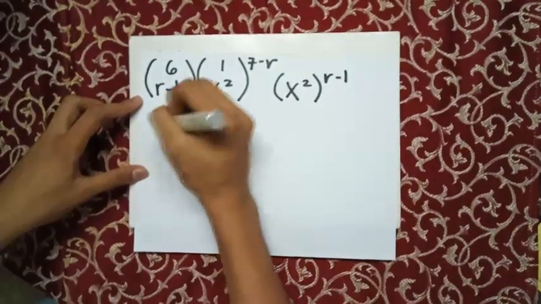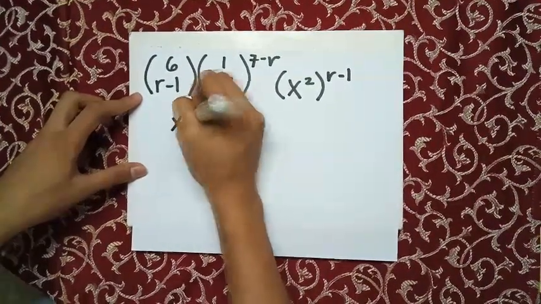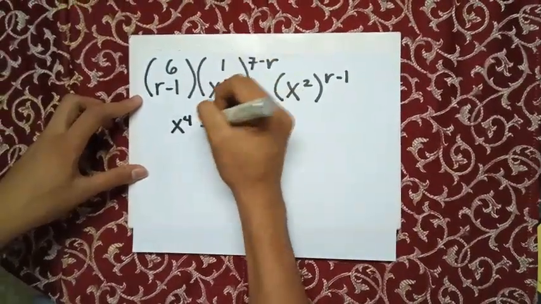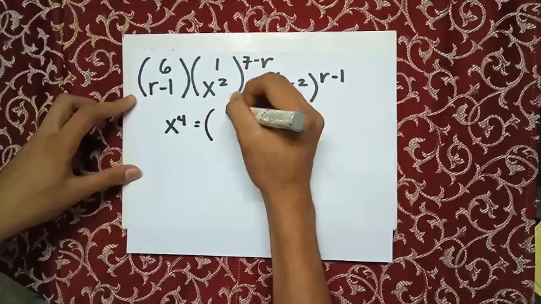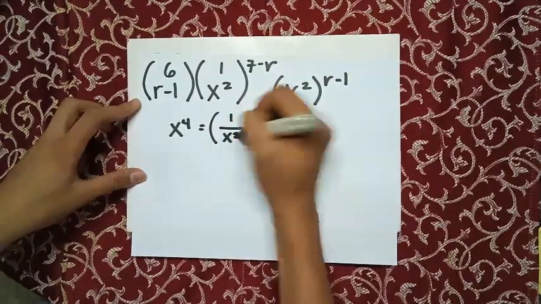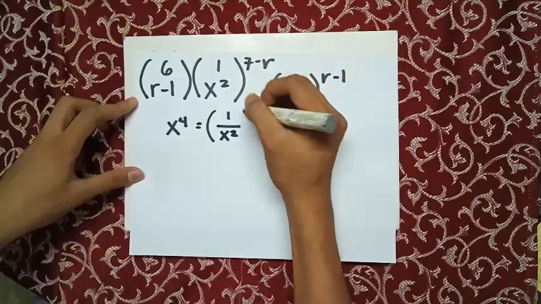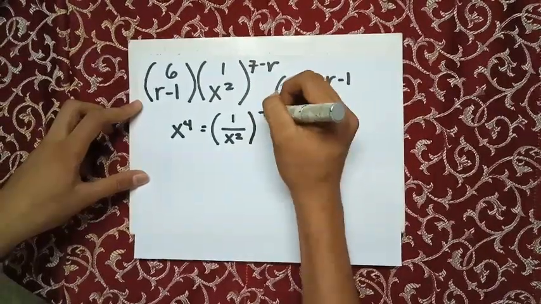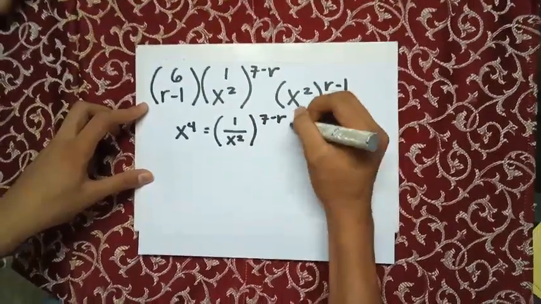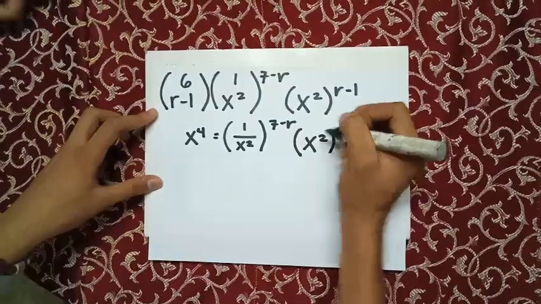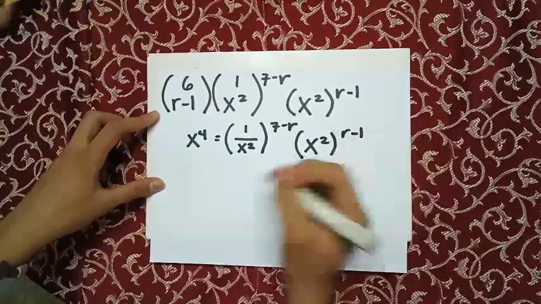Taking only x raised to 4 into consideration, we have x raised to 4 equals the quantity 1 over x squared raised to 7 minus R times the quantity x squared raised to R minus 1.